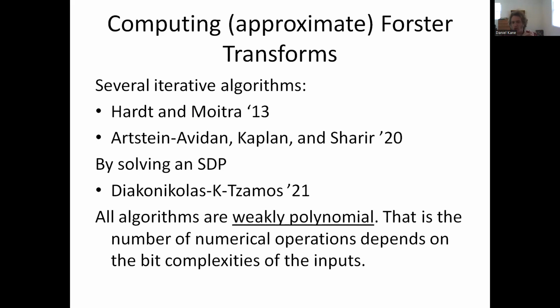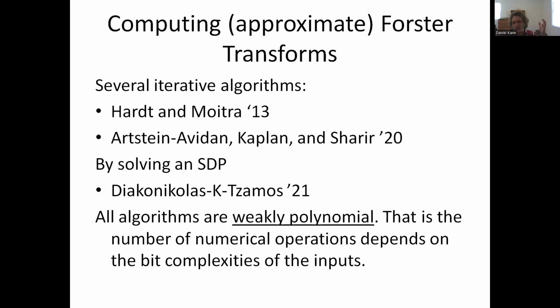But these algorithms are what are called weakly polynomial time. That is, they're numerical algorithms where the number of operations that you need to perform depends polynomially not just on the combinatorial parameters like the dimension and the number of points and this parameter epsilon, but also on the bit complexities of the input points.